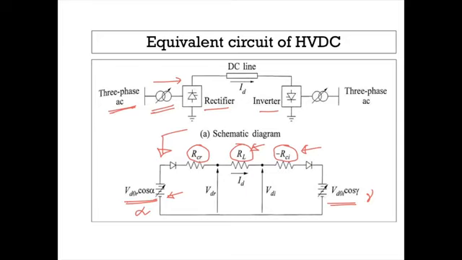Similarly, the inverter end of the HVDC link is connected to the three-phase AC supply through a tap changing transformer. The reason this tap changing transformer is used is that the voltage given to the rectifier can be controlled by controlling the taps.